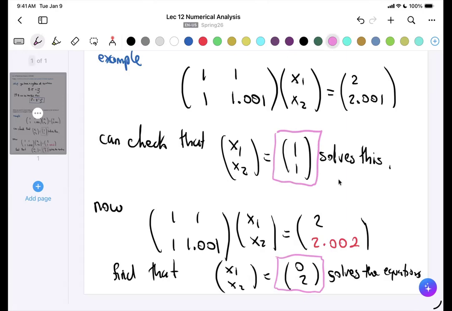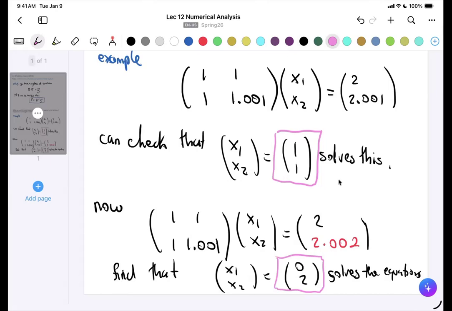But going from (1, 1) to (0, 2) feels like a much bigger change than maybe what you would have expected. Something interesting happened here, because this did seem like a somewhat larger change than what you would have guessed.